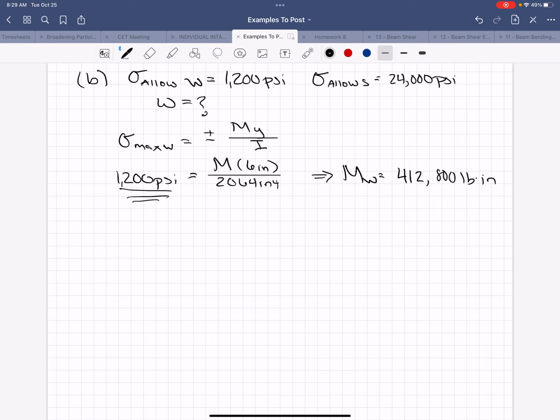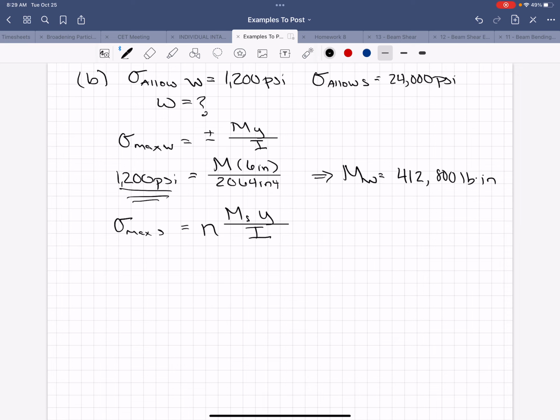So now we look at the steel, and sigma max of the steel, we have to multiply times n again. So we have n times the moment of the steel times y, because we're still using our I of the transformed section.